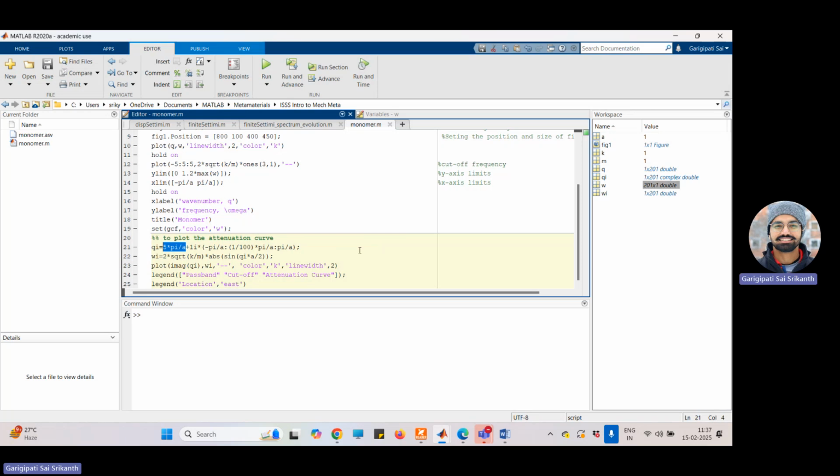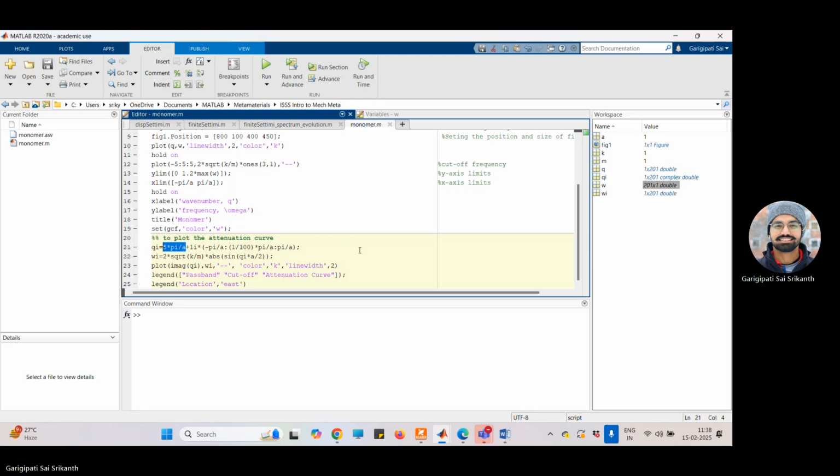That is because, see, there is periodicity in the real space. That's what the crystal periodicity is. That shows as periodicity in the reciprocal space, that is the wave number.